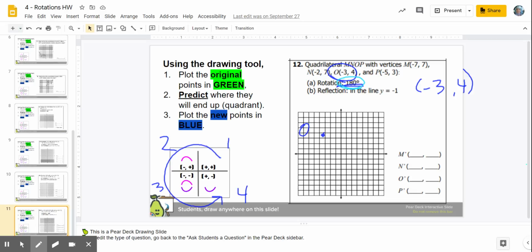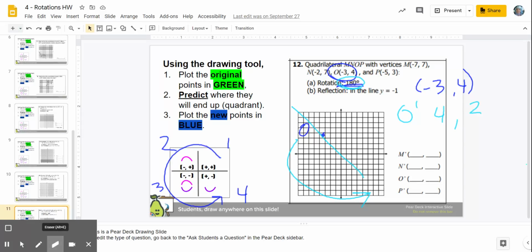180 degrees means how many quadrants? 2. So we're going to go past 3 and into 4, right? So we switch the ordered pairs into quadrant 3 and then switch them back into quadrant 4. If you're going straight across the diagonal, halfway around the coordinate plane, you don't switch anything. So O prime becomes 4.